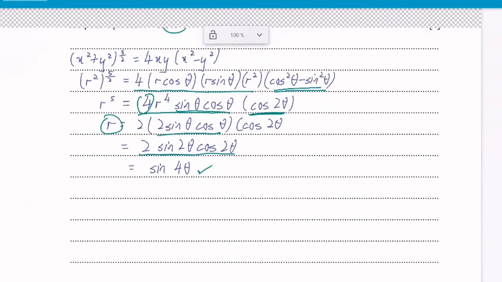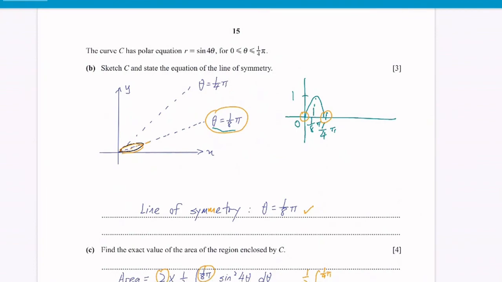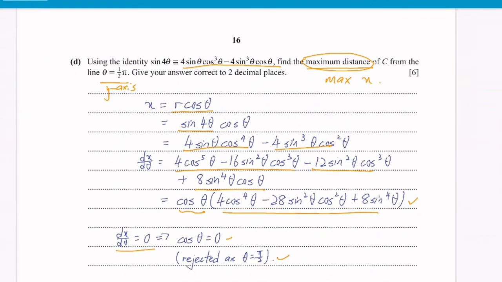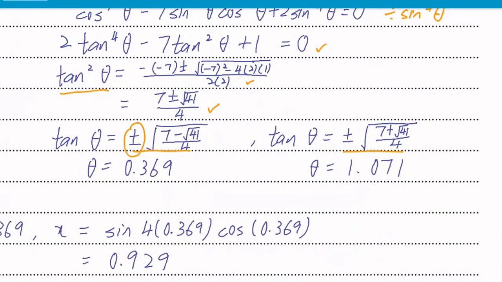The question actually mentioned that, 0 to 1/4 pi. So when we solve for the theta from the tangent, no matter whether it's plus minus of this or plus minus of the positive root, we only take the theta which is in the range 0 to pi over 4. Other than that, we don't want.